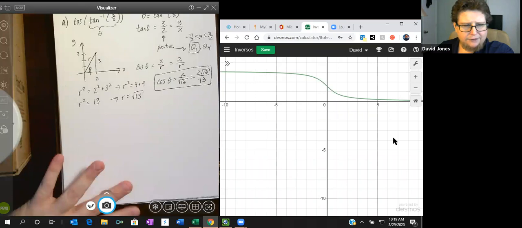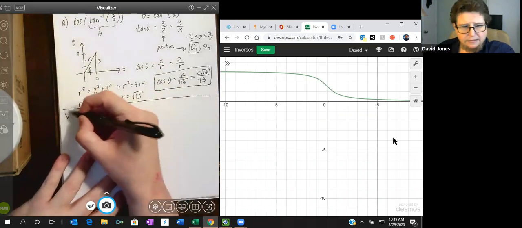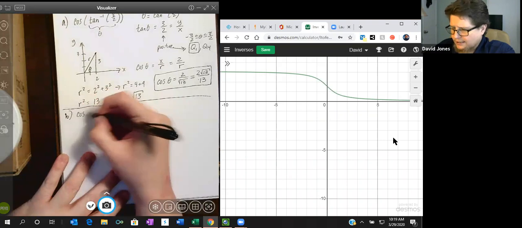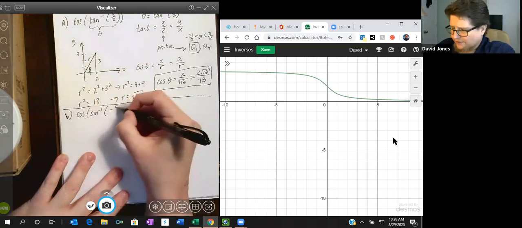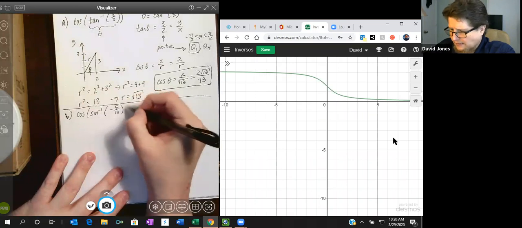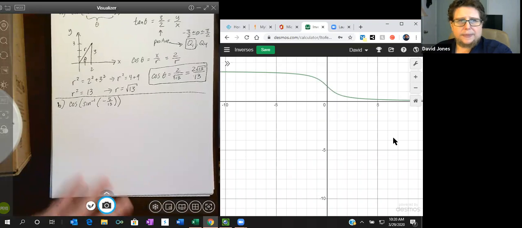All right, let me give you guys one to try. Cosine of sine inverse of negative 5 over 13. Click pause and work on this problem.